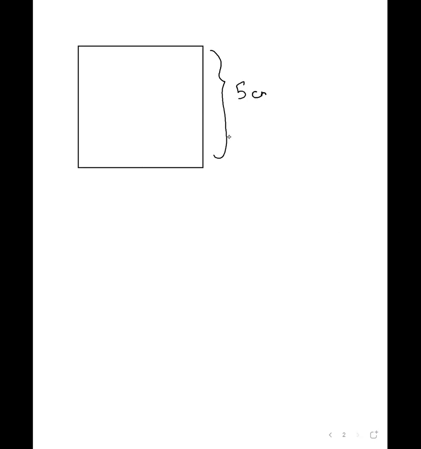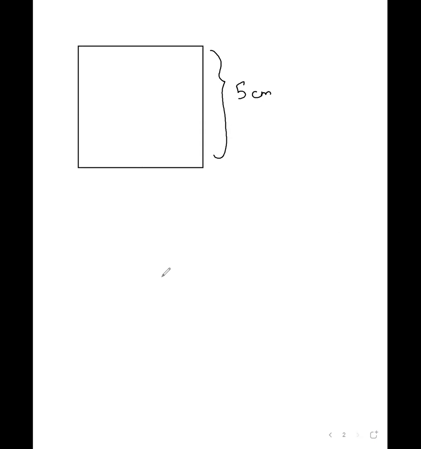Now let's say for a square, if I give you this square, and I say that its side is 5 centimeters, how will you make a congruent square? I will just measure 5 centimeters on my scale and then draw a whole square. Yeah.